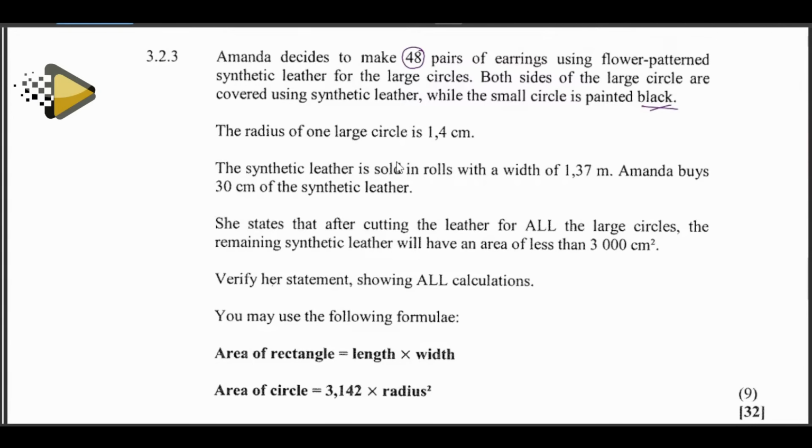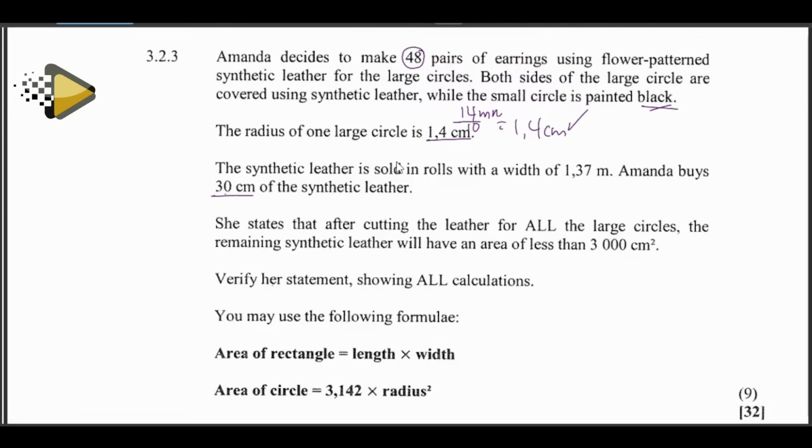The radius of one large circle, they've told us, is 1,4. Now they have changed it to centimeters, so they divided it by 10, giving 1,4 centimeters. The synthetic leather is sold in rolls of a width of 1,37 meters. Amanda buys 30 centimeters of this roll.